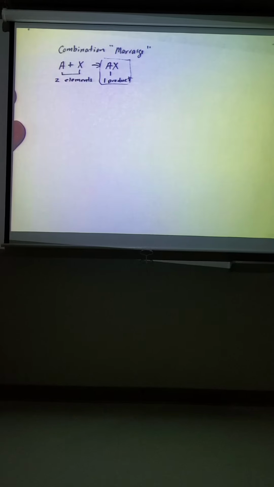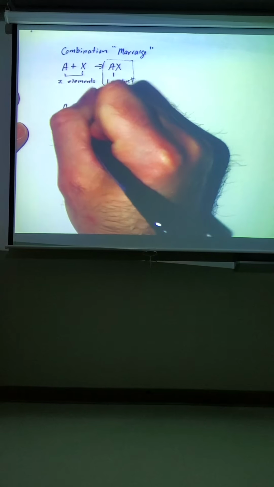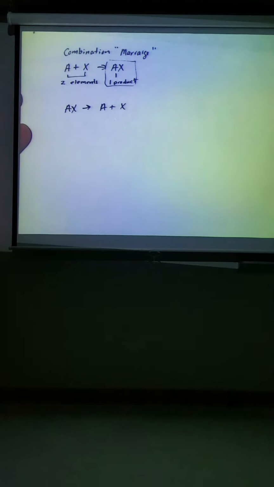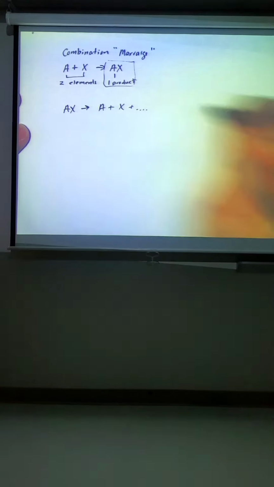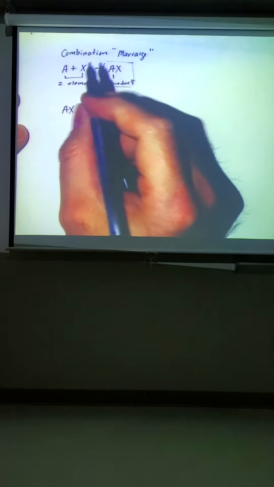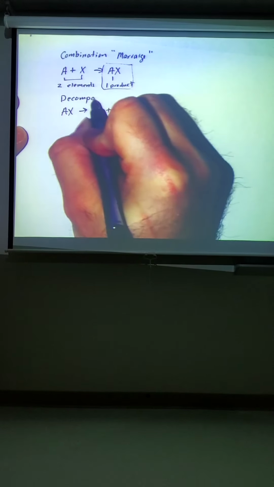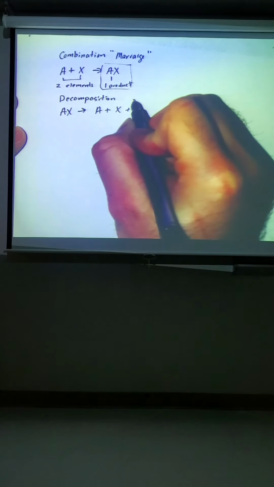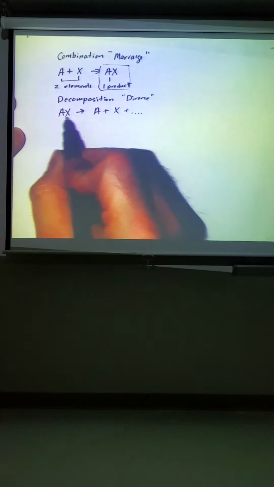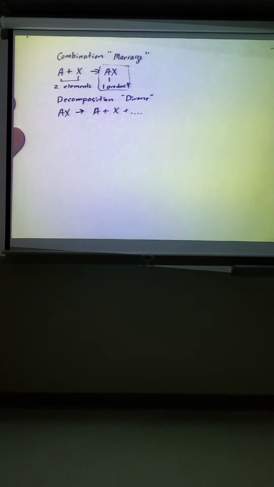So in life, if there's marriage, unfortunately, sometimes there's the opposite. If you were to take AX and then reverse it, kick out A and kick out X, sometimes, unfortunately, divorces are messy and so are chemical reactions, so not always is it just 2 products, there might be more. But this would be called a divorce-like reaction, or in our case, decomposition. Much like a divorce in that analogy, because they were together and now they're separated, and then they could have some kids or cars or who knows what left over as a remainder.